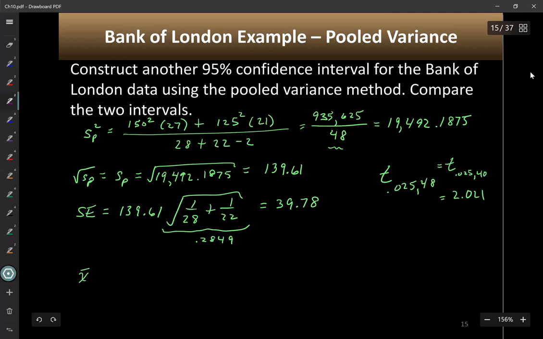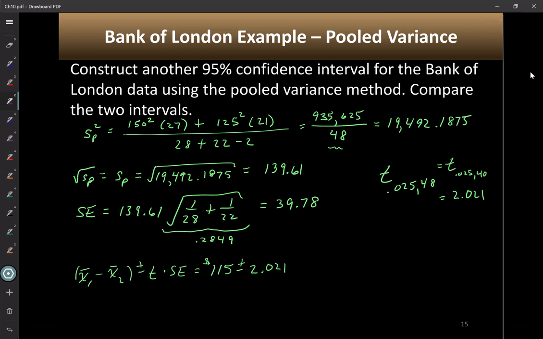So x bar 1 minus x bar 2 plus or minus t times the standard error. Using the Bank of London data, that will be $115 plus or minus 2.021 times 39.78.